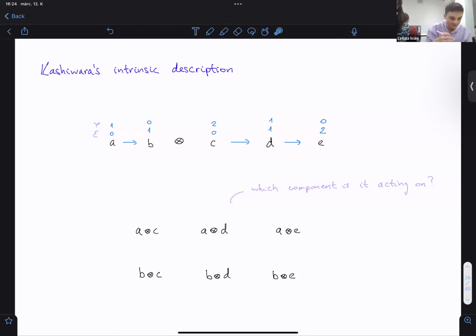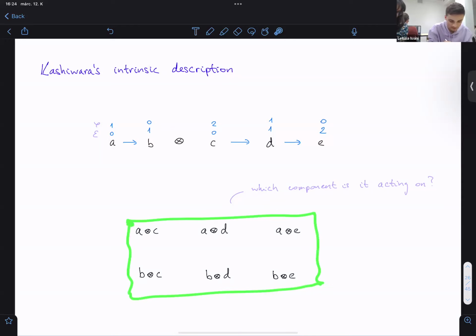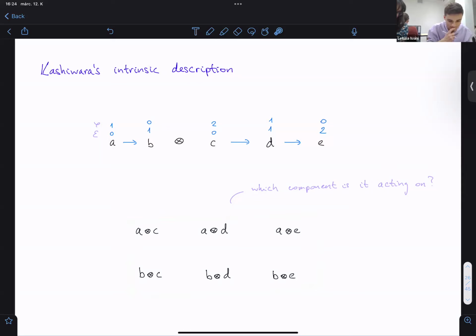And quite gratuitously, we'll just introduce 2 functions, phi and epsilon. But before that, I would like to note that in the tensor product, the vertex set is just going to be the Cartesian product of the 2 original vertex sets. So basically, we just have to determine on which factor a given arrow is acting.